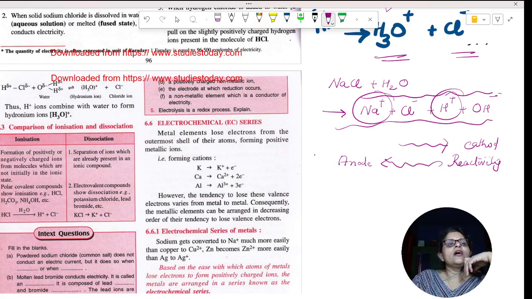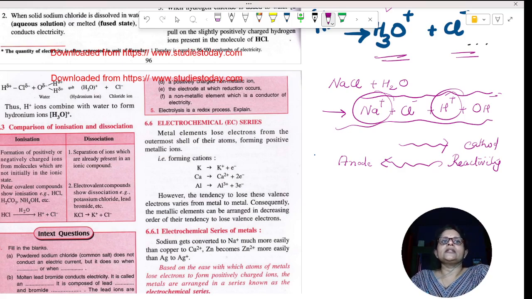Ionization is the formation of positively or negatively charged ions from molecules which are not initially in the ionic state. In their original state the ions are not already present; they will only be present when water is added.